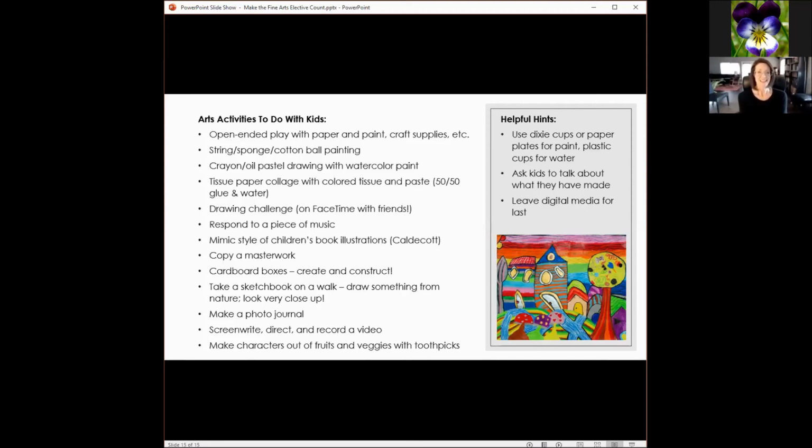So they might have some extra time on their hands right now. They might have an activity that has been canceled, and you want to engage them at home with some things that stimulate their creativity and that just help them have fun.